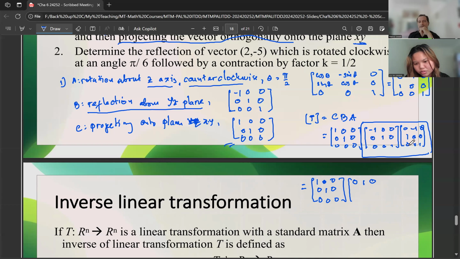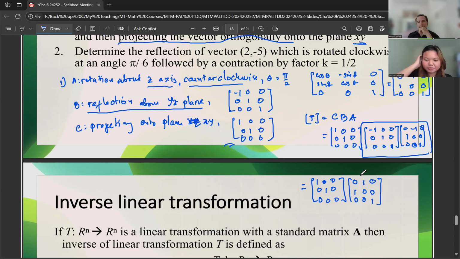Second row to the first column will be 1. Second row to the second column will be 0. Second row to the third column will be 0 also. The third row to the first column will be 0. Third row to the second column will be 0. Third row to the third column will be 1, because this one times 1 is this one.